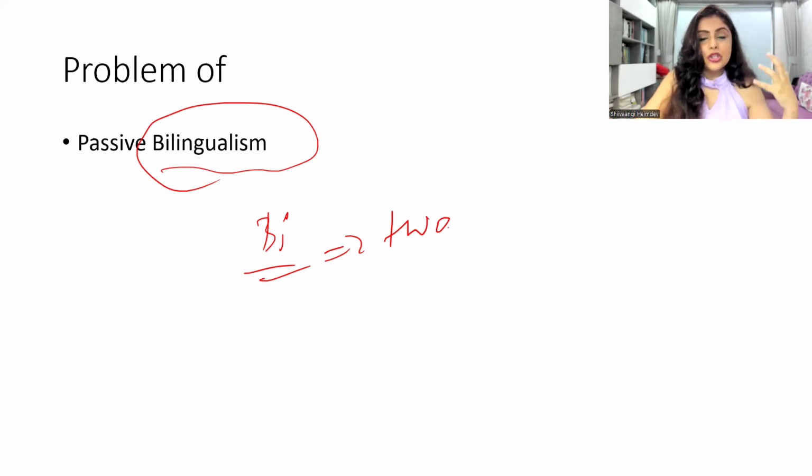Bilingualism means when you're learning English as a second language, or any language as a second language, you can read, you can write, you can understand, but you're not able to speak in that language. So that's exactly what this condition is all about. It means passive bilingualism.